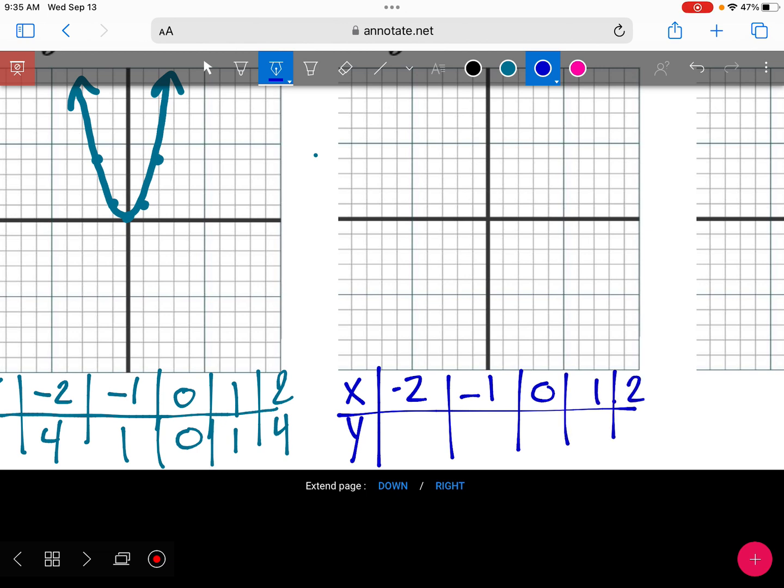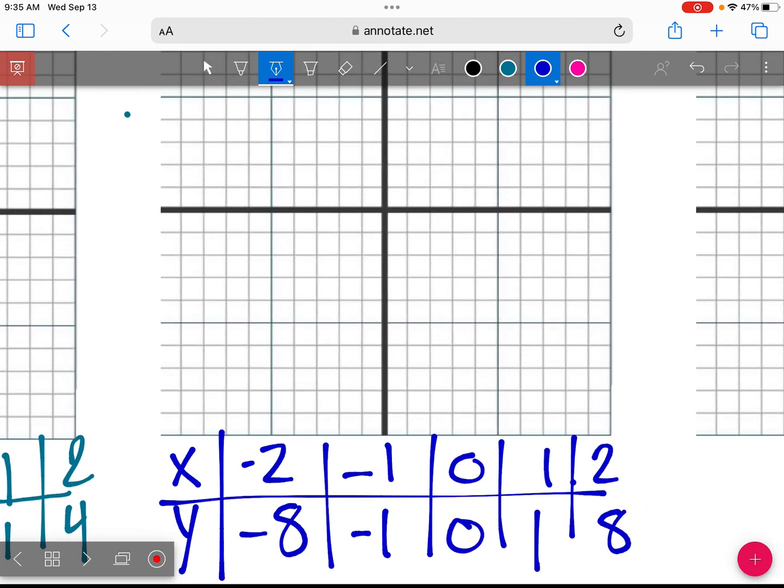What is -2 cubed? -8. What is -1 cubed? -1. What's 0 cubed? 1 cubed. 2 cubed. 8. So we get our basic cubic.